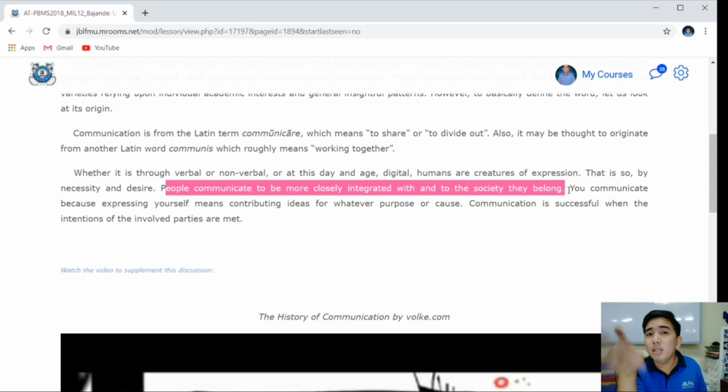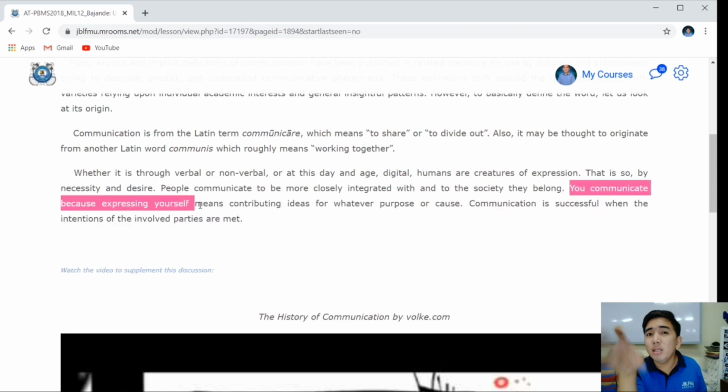Next, you communicate because expressing yourself means contributing ideas, right? So this basically means na kung mag-express ka sa self mo, you try to contribute ideas, okay?